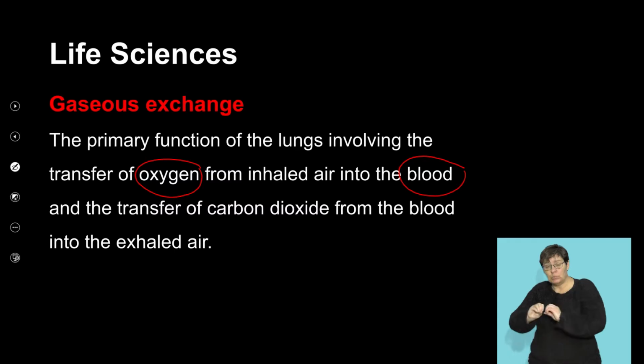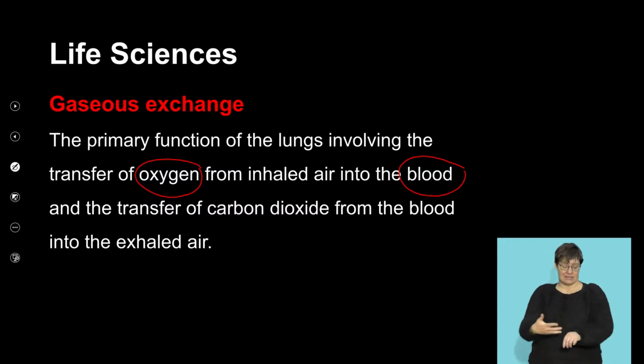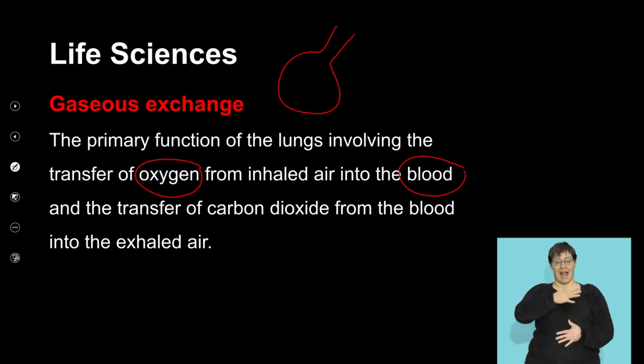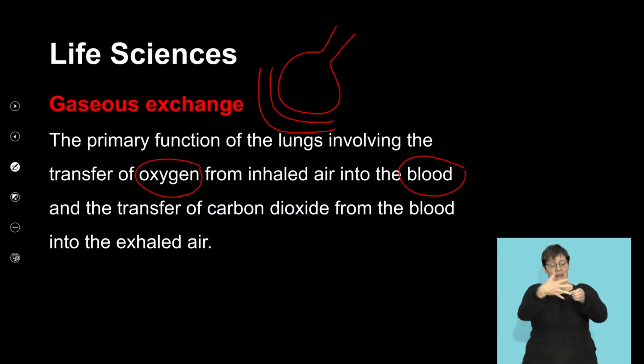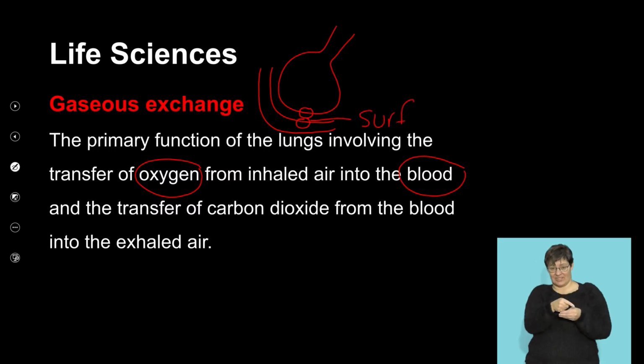What has to happen is, if I draw my lungs over here, the alveoli, and a blood vessel over here, gaseous exchange means that gases must exchange over a surface. There must actually be something that they cross over.